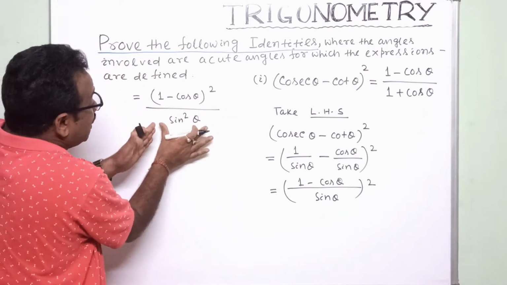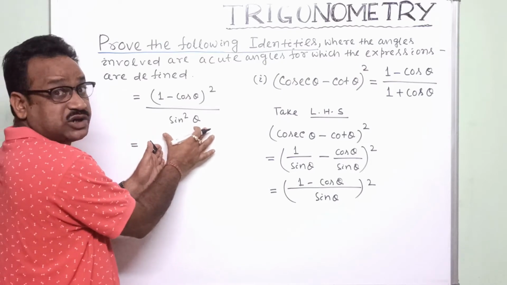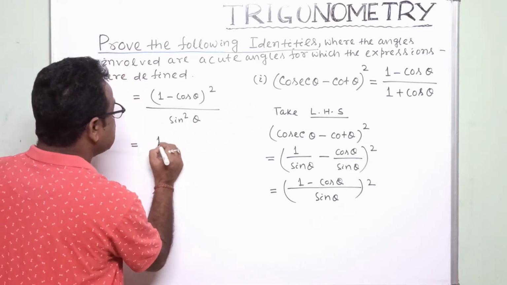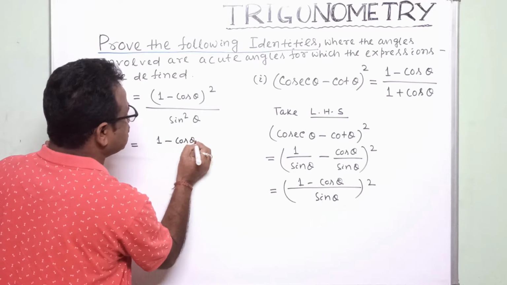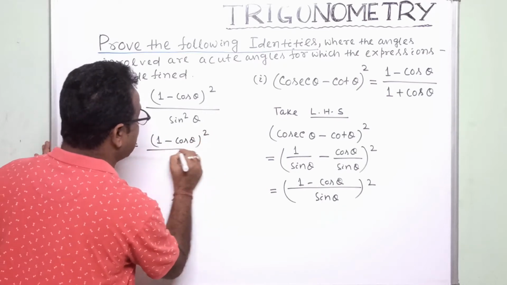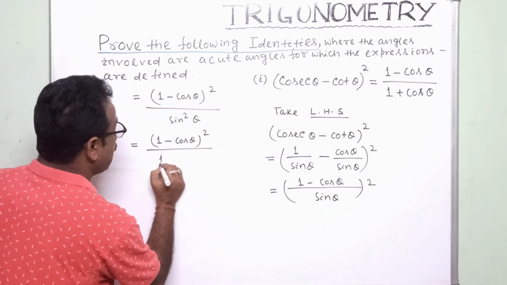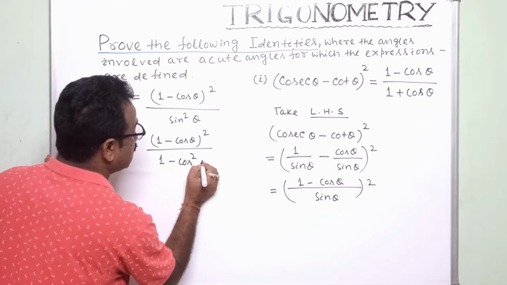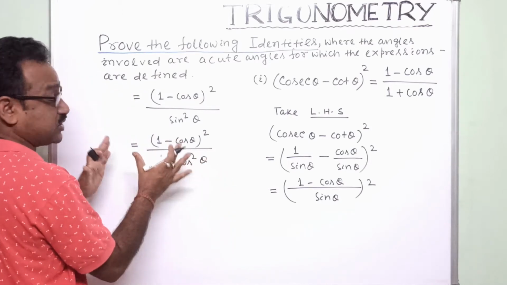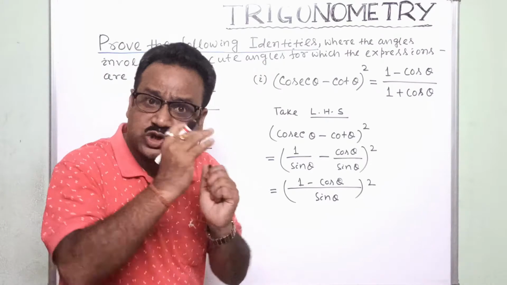Now we will split sin square theta in terms of identities. The identity: sin square theta is equal to 1 minus cos square theta.